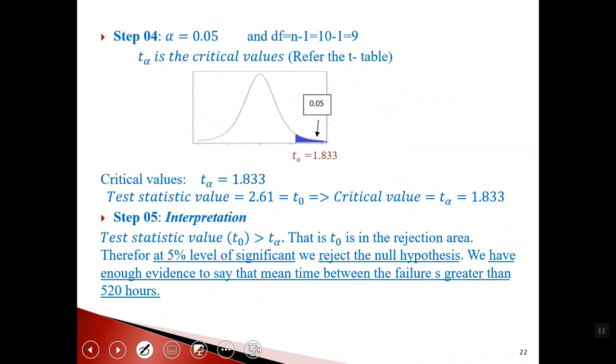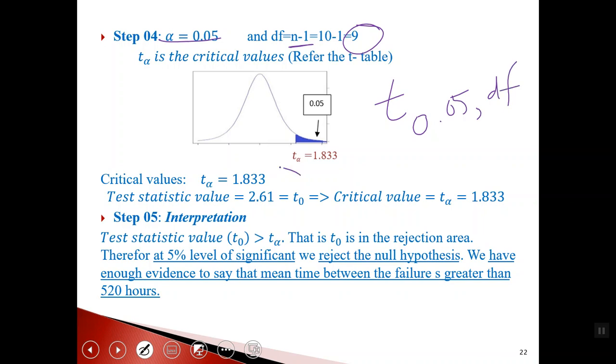I'm going to use the critical value here, that's the easiest one. So what you have to do? You have to find t alpha, positive t alpha, because this is a right tail test. So alpha 0.05. You know the degree of freedom? It is 10 minus 1, which is 9. So go to the t table and find t 0.05 comma degree of freedom 9.